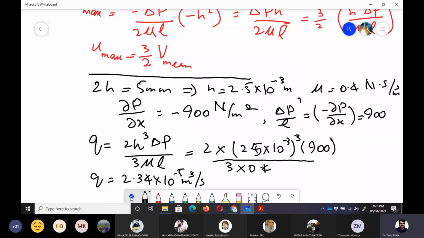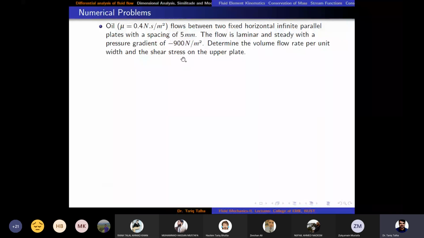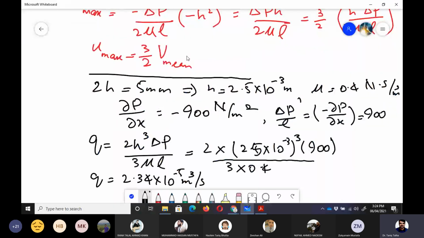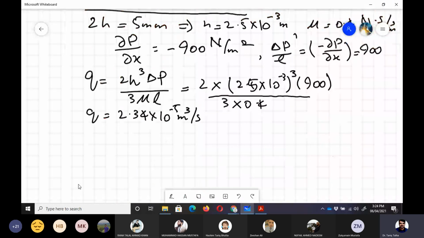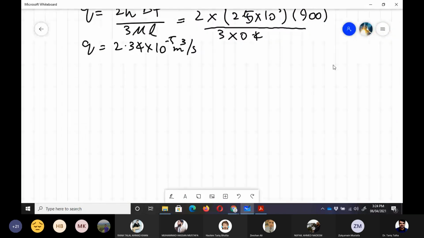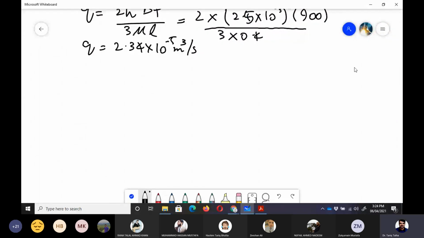So now the second thing is the shear stress which this upper plate is experiencing. First of all, we would determine the shear stress being applied on the fluid. If this is a pipe surface, this is a kind of zoomed-in view.